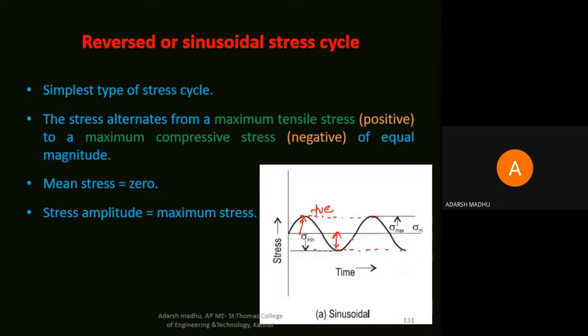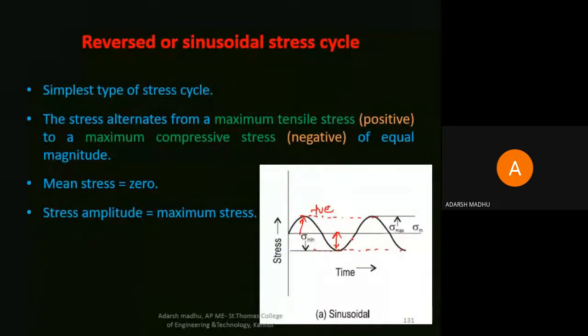The curve fluctuates from the maximum tensile stress point to the maximum compressive stress point.